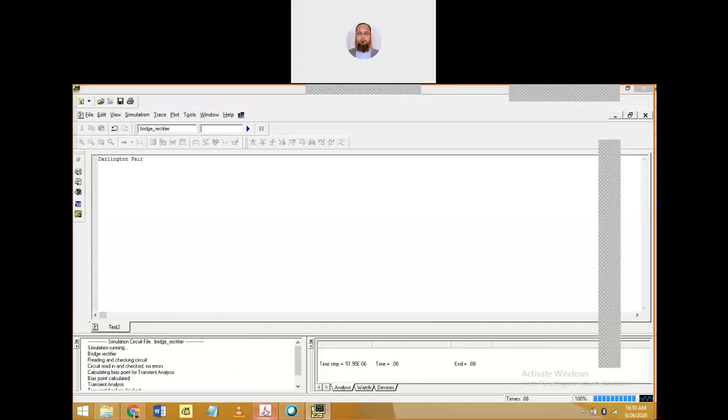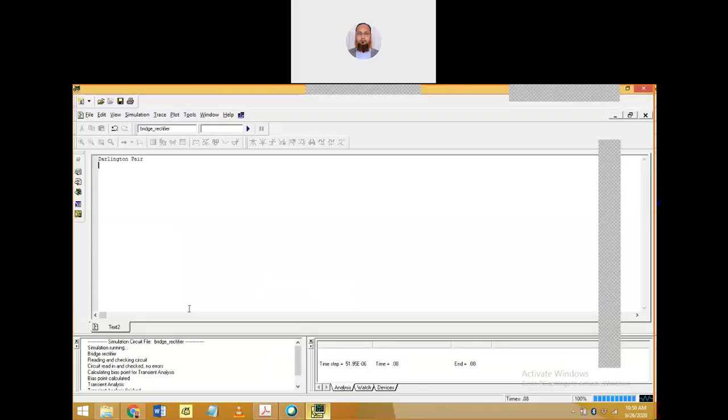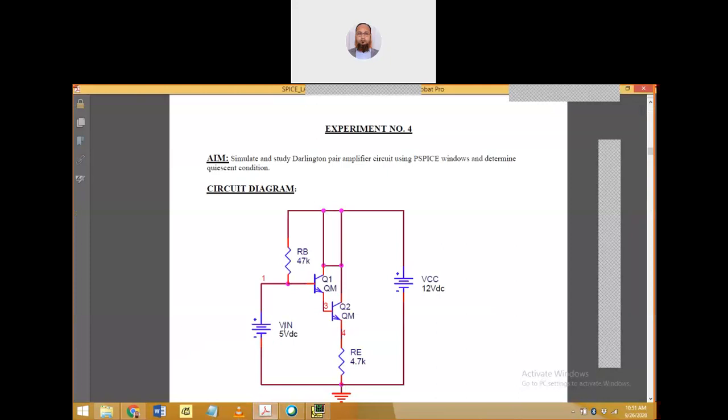First is the input. Input is Vn between 1 and 0, so this node is always 0, and the value is 5 volt. So we have finished one DC supply, Vn 5 volt DC. Another, between node 2 and 0, is VCC, and the value is 12 volt.